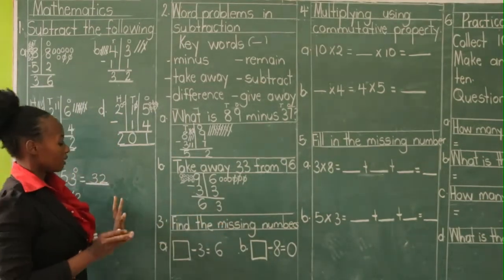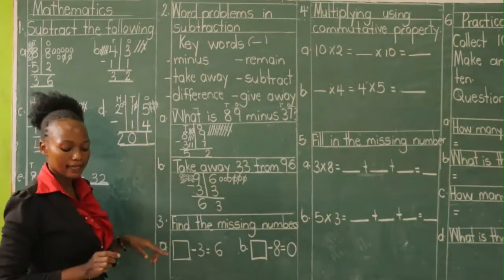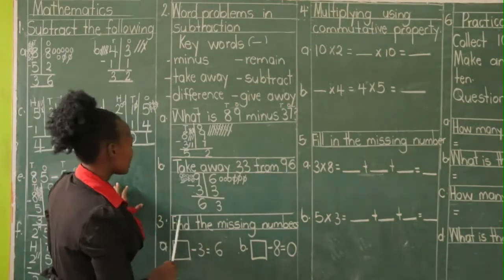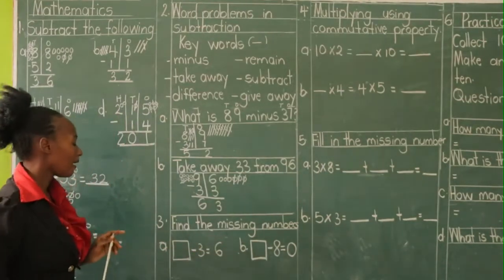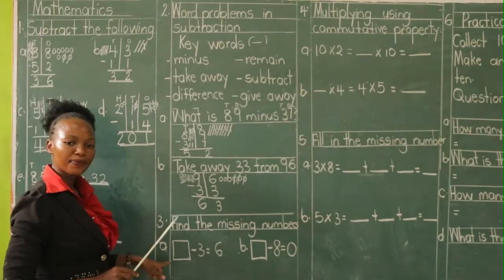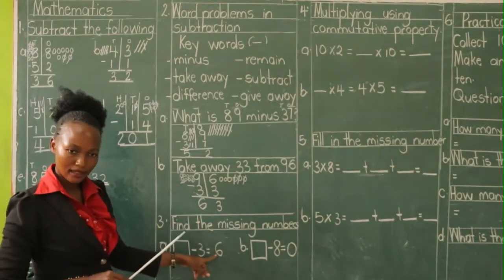Okay. Our next question: find the missing numbers. Here we have a box, take away 3 to give us 6.